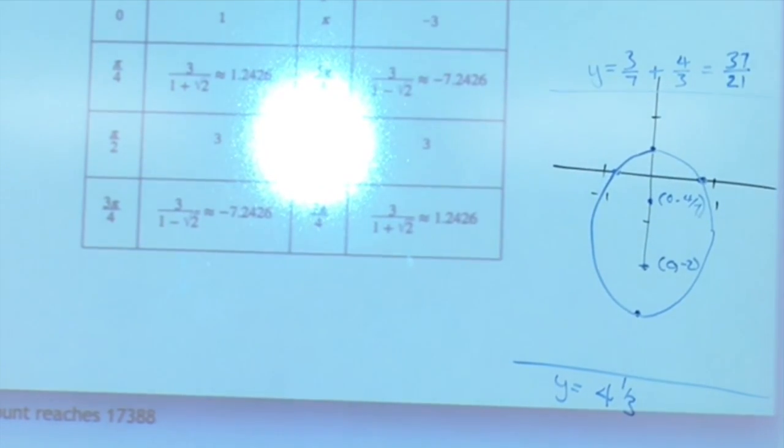Which then reduces to 16 over 21? Yeah, 16/21.